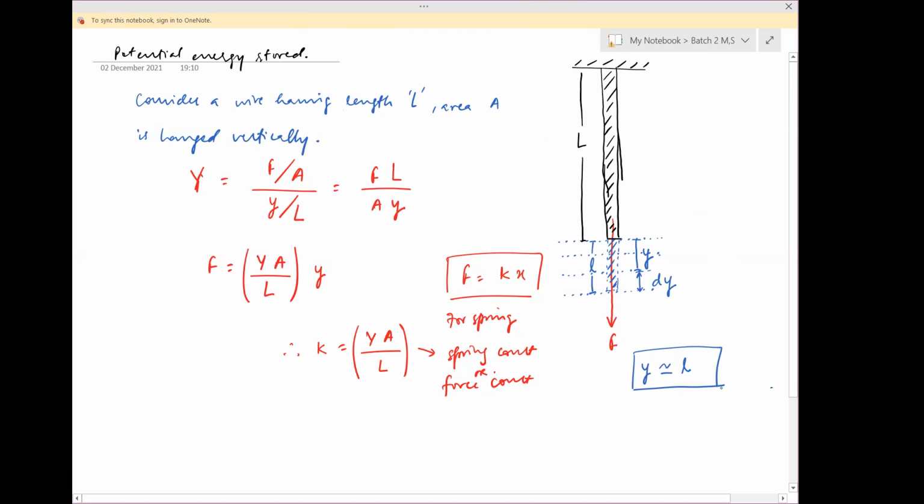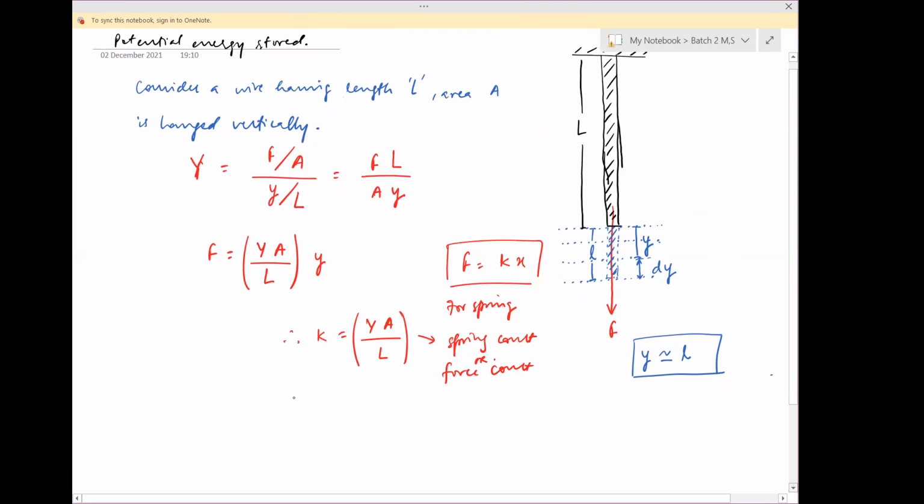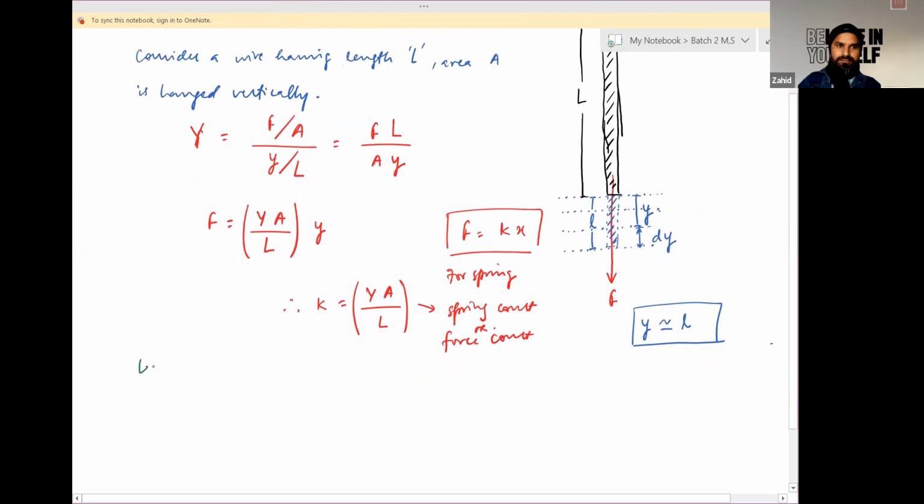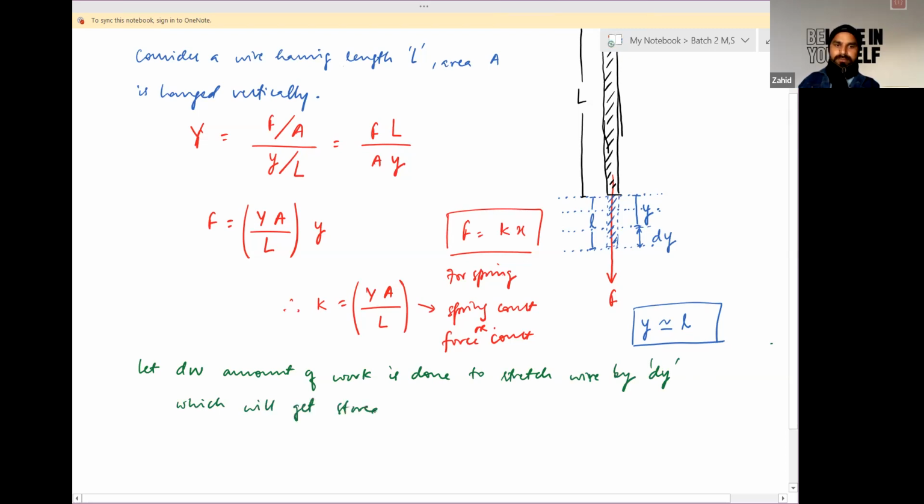Okay. So now let dW amount of work be done to stretch the wire by a small displacement dy, which will get stored as potential energy.